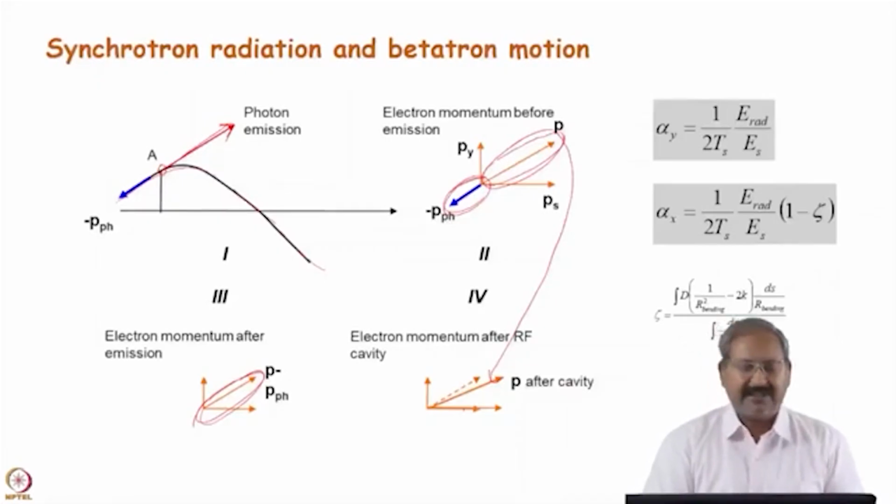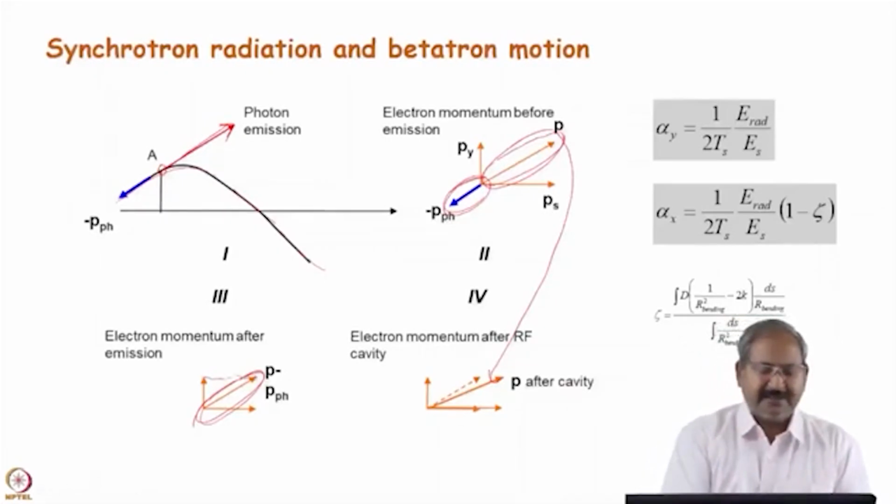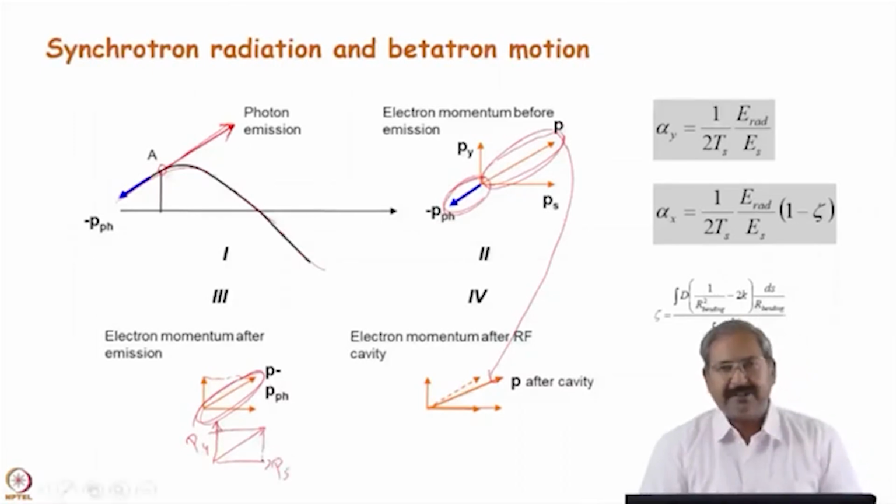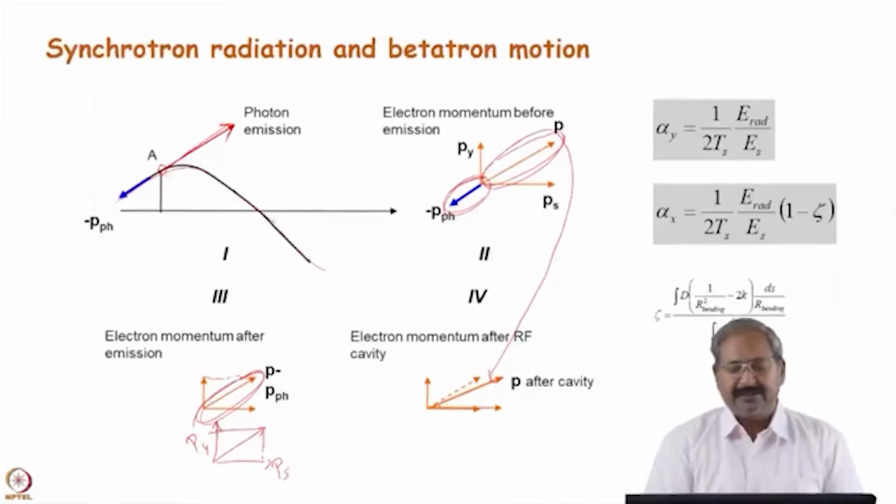However, again you can see that in this case, I am drawing here again for clarity. Here it is the PY component and it is the PS component. The cavity replenishes momentum via PS only. So the PS component has been increased, while the PY component remains at its reduced level.